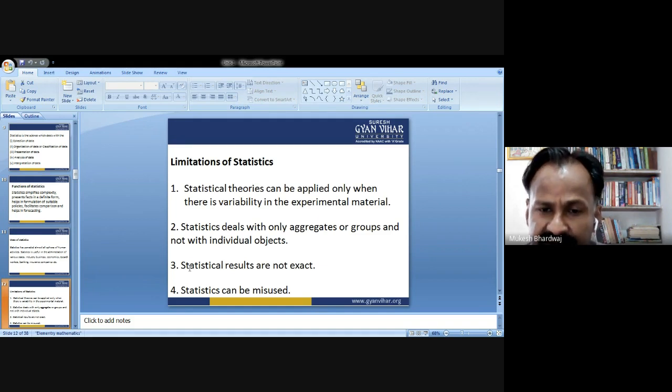They are assumptions based on the previous data which you had collected. Okay. And the last is that statistics can be misused. It can be misused to manipulate the data or to misguide someone by putting in wrong information. Okay.